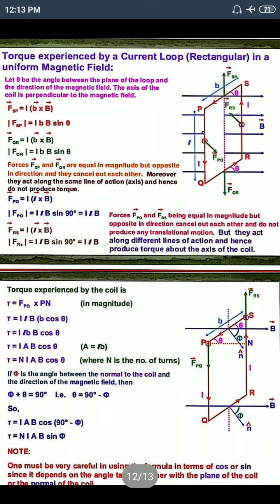Clear? And here, keep in mind, theta is the angle between the normal of the plane of the coil, that means the axis, and the magnetic field.